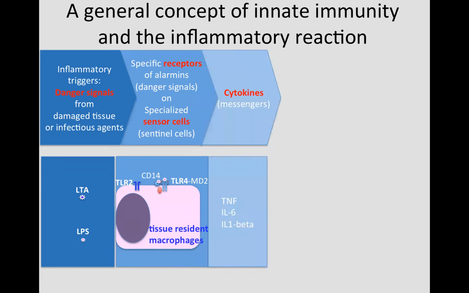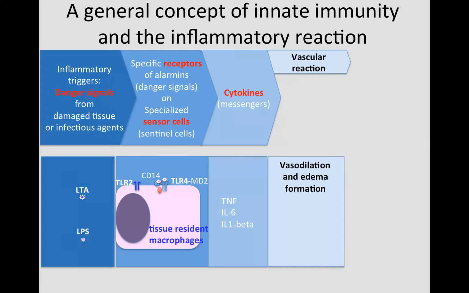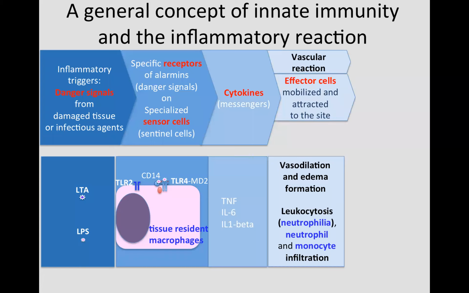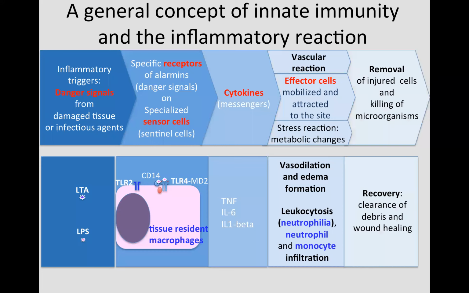These sensor cells will send messages via cytokines to the effector cells and other parts of the body to start up a vascular reaction and to mobilize the effector cells and attract them to the site of injury or infection. These are the neutrophils, as we know, and usually this ends up with the removal of the injured cells or killing of the microorganism, and wound healing.